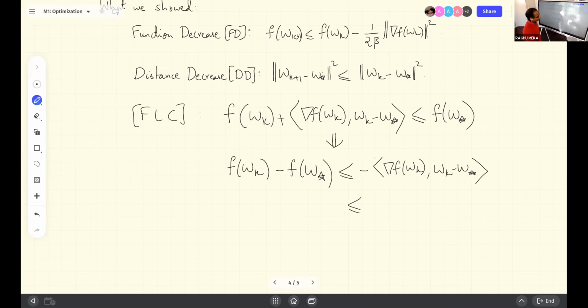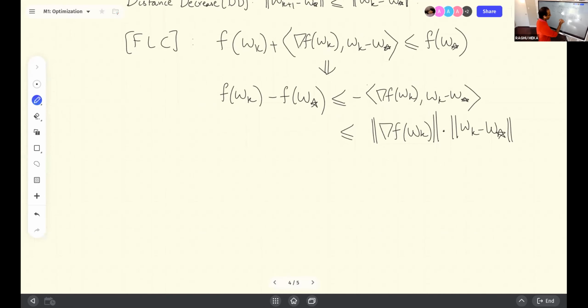So it's actually not, if you're familiar with the Cauchy-Schwarz inequality, we know that the inner product of two vectors is always at most the product of the two norms of the vectors, right? So we know that this quantity is at most, right?